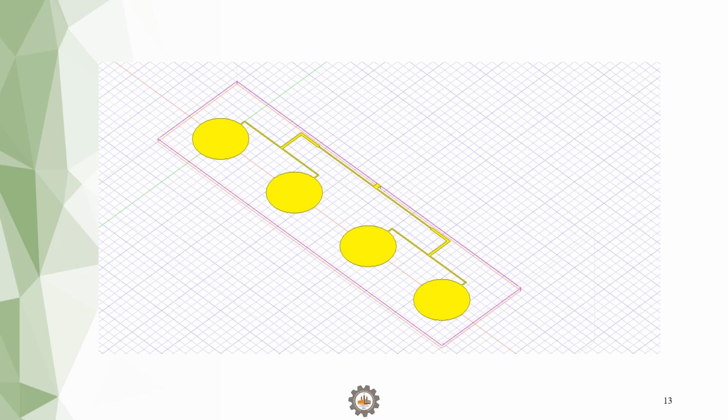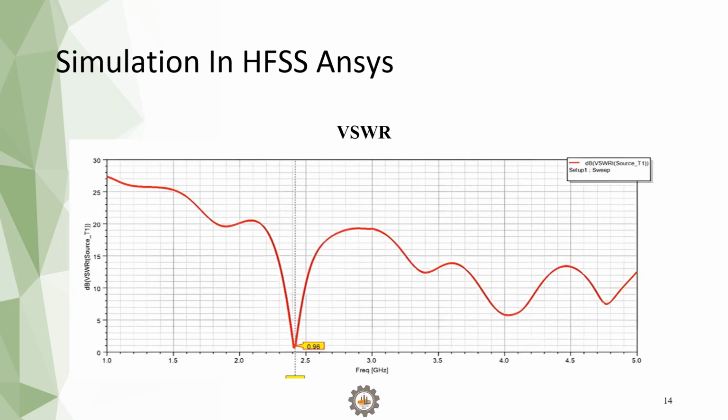This is the isometric view of the 4x1 circular patch array antenna.